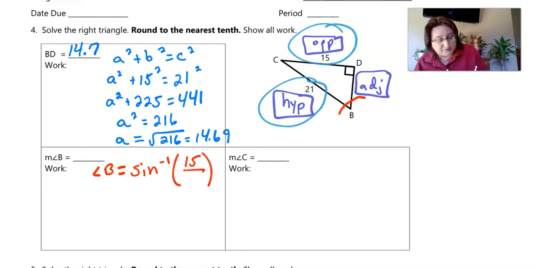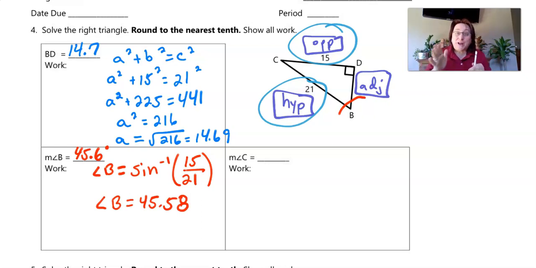So opposite is 15, hypotenuse is 21. And guys, we're going to put this straight into our calculators just like this. You're going to hit the second key and then sine, and then 15 divided by 21. After you do that, what did you get for the measurement of angle B? And remember, round to 1 decimal place.